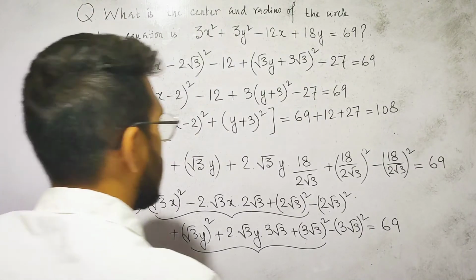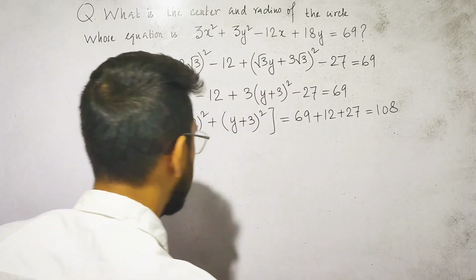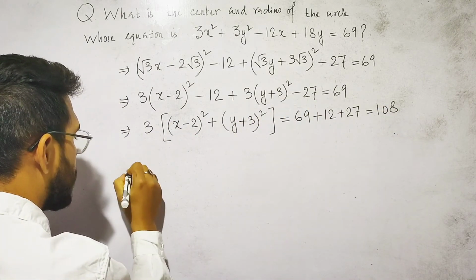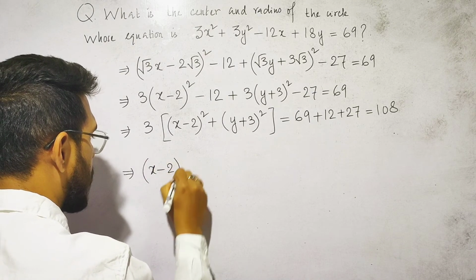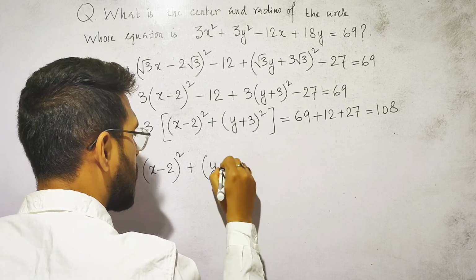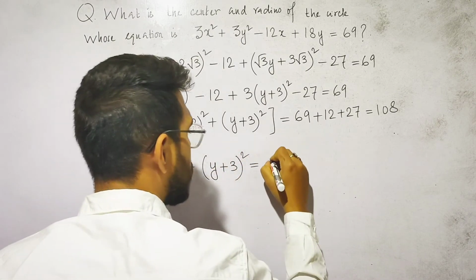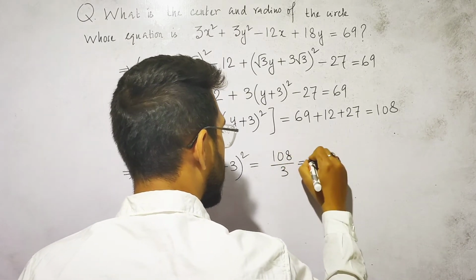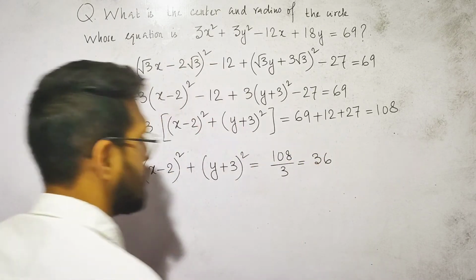So we have come to the final conclusion now. I can take the 3 and divide it with this one. So finally I get the standard equation, x minus 2 whole square plus y plus 3 whole square equals 108 divided by 3, which is 36.